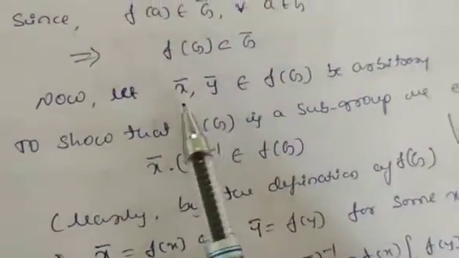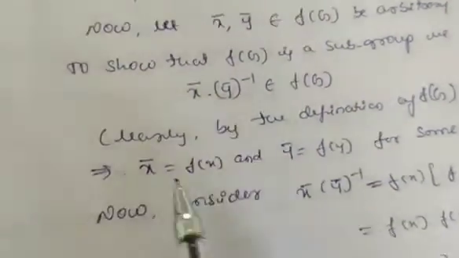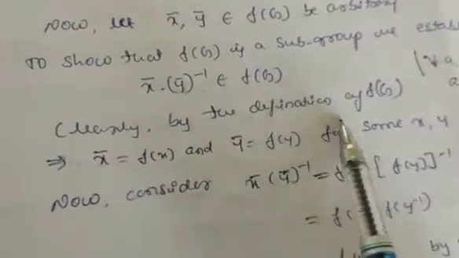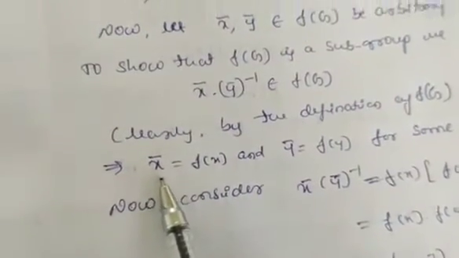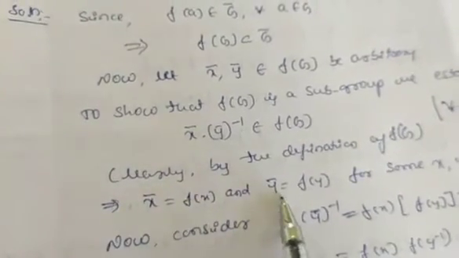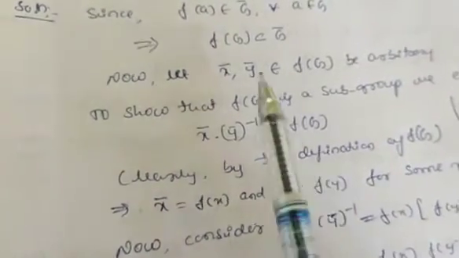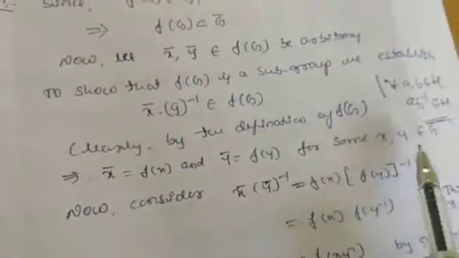So for all x bar, y bar belongs to f(G), we have to prove that x bar y bar inverse also belongs to f(G). Now clearly by the definition of f(G), we have x bar = f(x) and y bar = f(y), because x bar and y bar belong to f(G), meaning the elements are in this form only, f(x) and f(y) for some x, y.